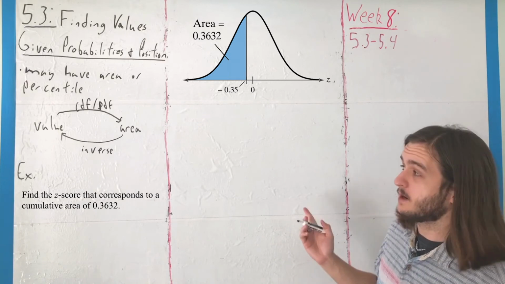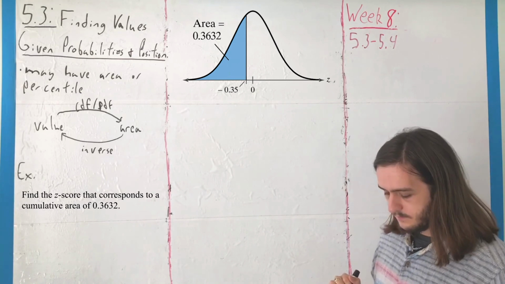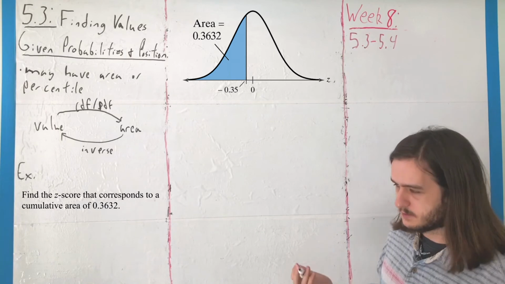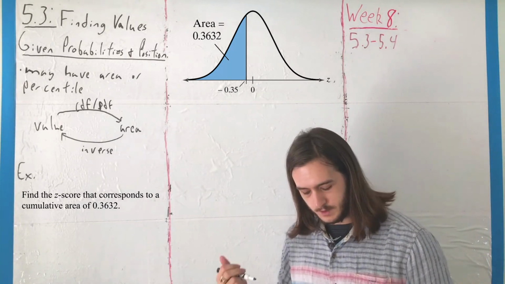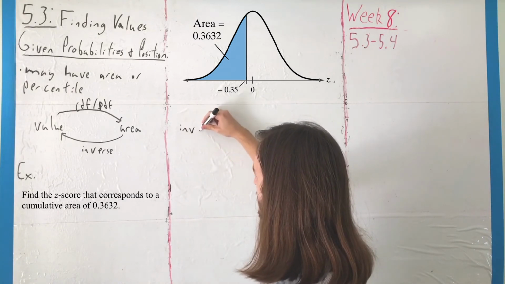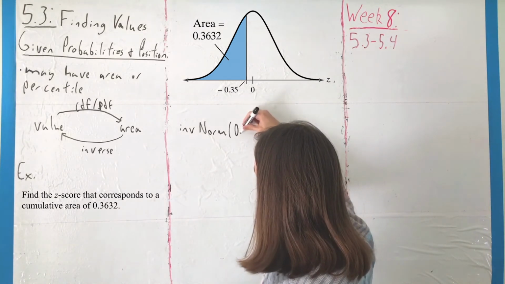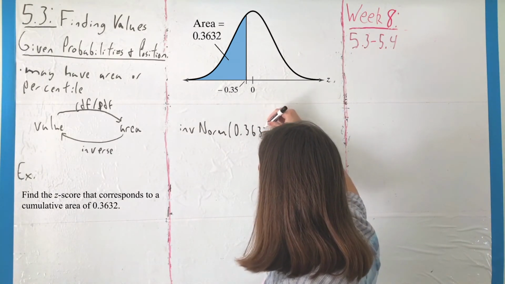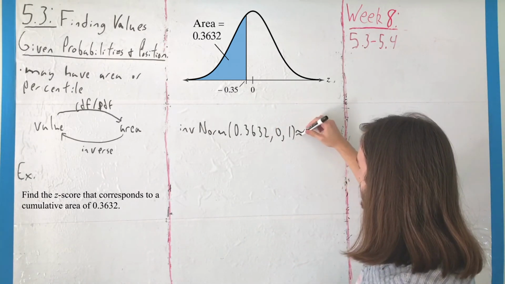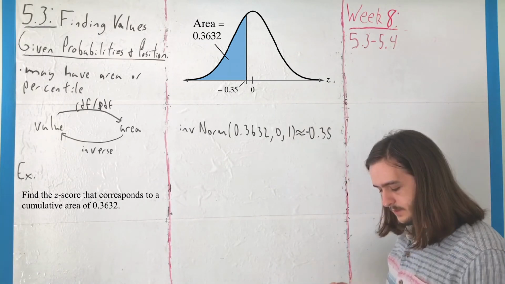But essentially what we are looking for is the amount to the left of some z-score that gives us 36% of the standard normal distribution, which here we can find if we go in the calculator using the inverse normal function of 0.3632 for the standard distribution to get a z-score of about negative 0.35.